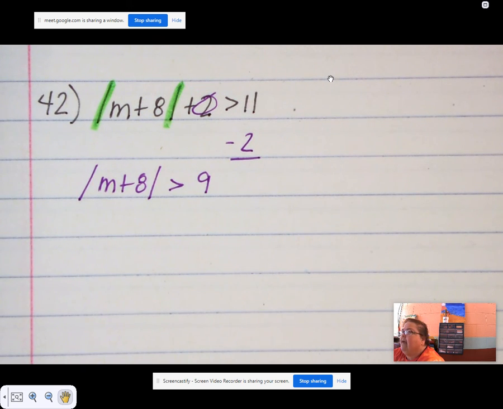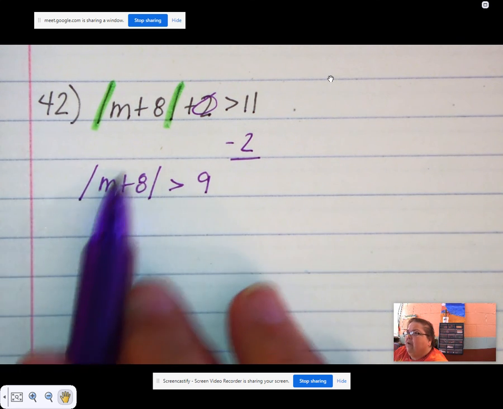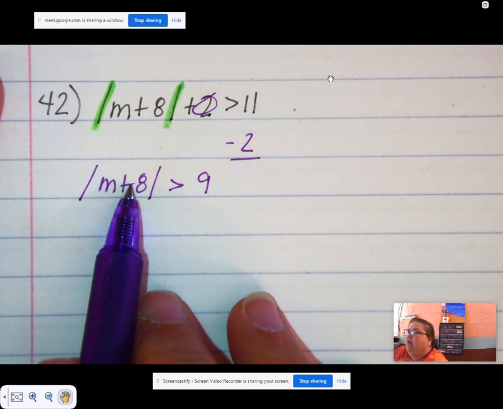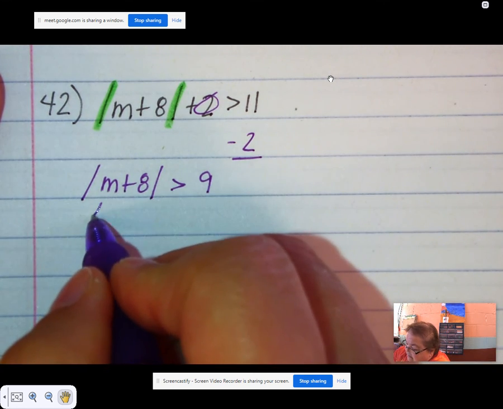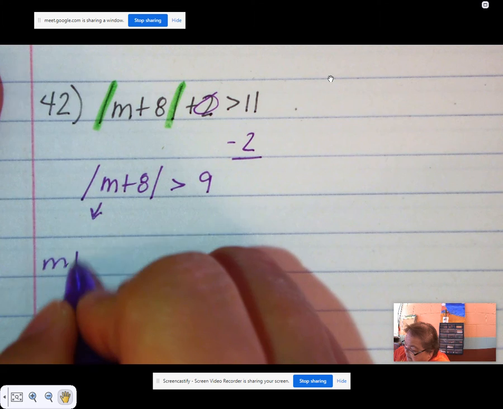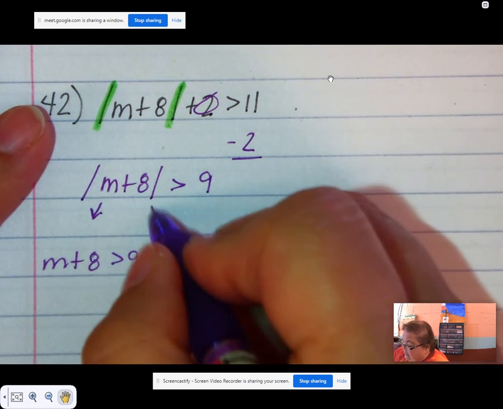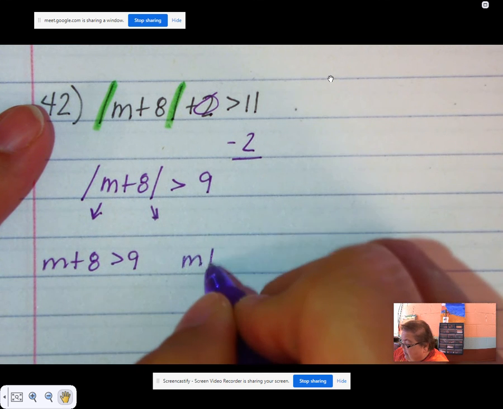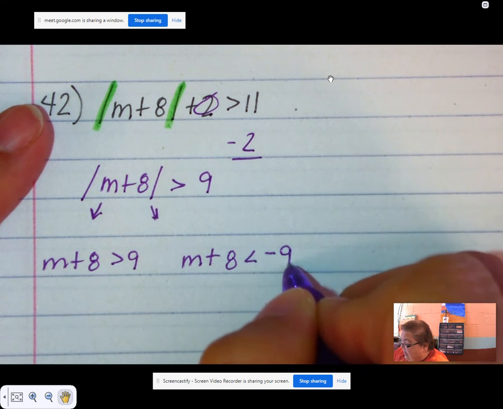Much like the square root, there are two answers when we have absolute values. We have the positive answer and we have the negative answer. This m plus 8 is greater than 9. The other one is m plus 8 is less than negative 9.